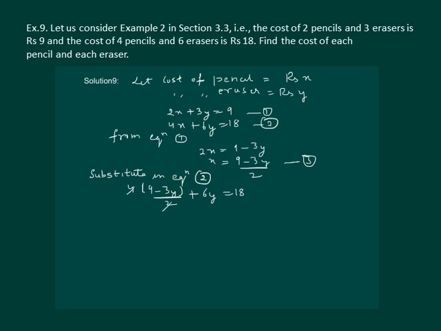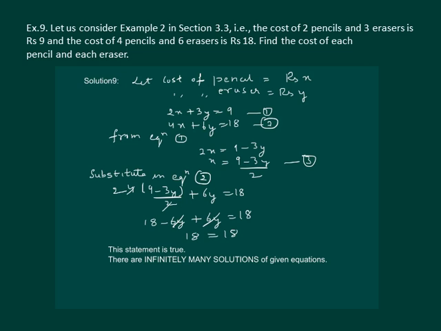After substitution, if we solve this further, we get 18 minus 6y plus 6y equal to 18. Y terms get cancelled and we get 18 equal to 18, which is a true statement, and therefore there are infinitely many solutions to the given equations 1 and 2.